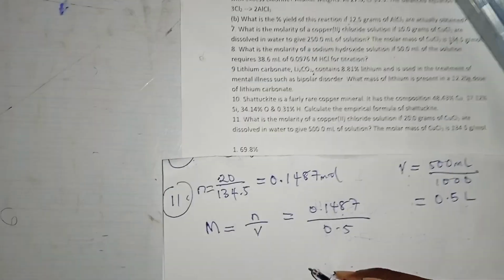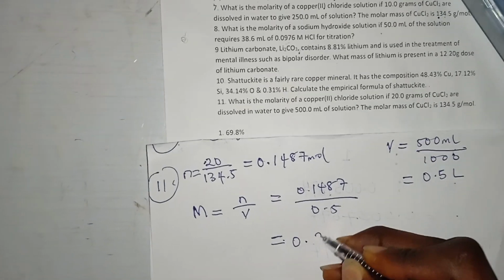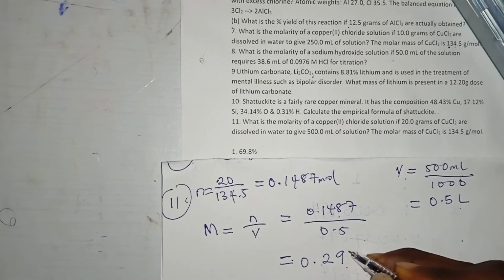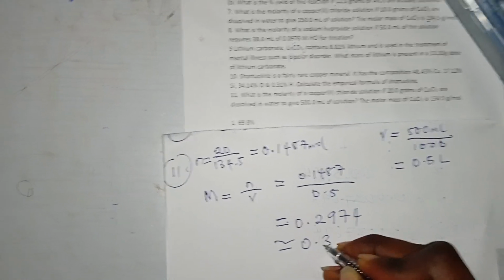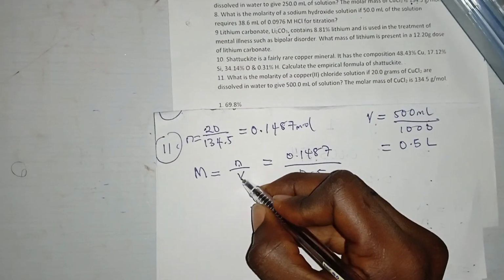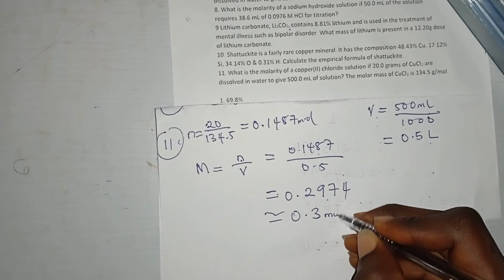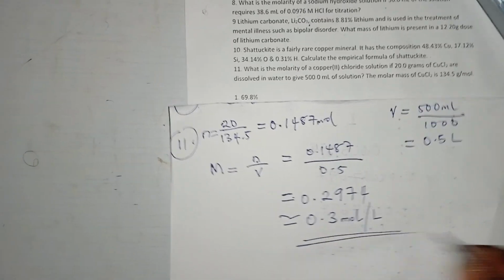If you do this, you have 0.2974, approximately 0.3. Approximating is risky, but whichever way, you just know it. So mole over volume, which is mole over liter. That's the answer to number 11.